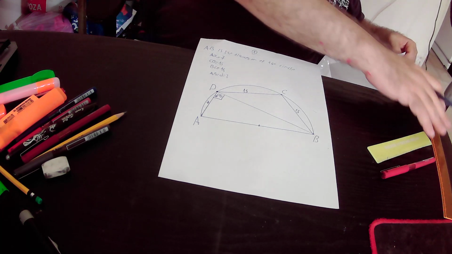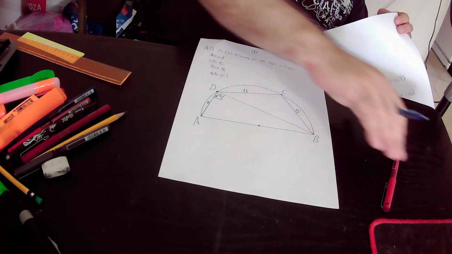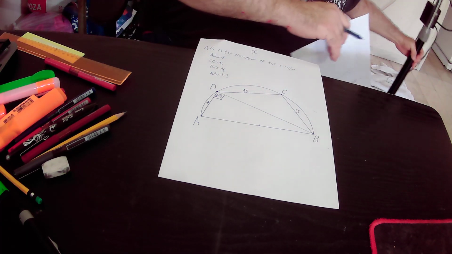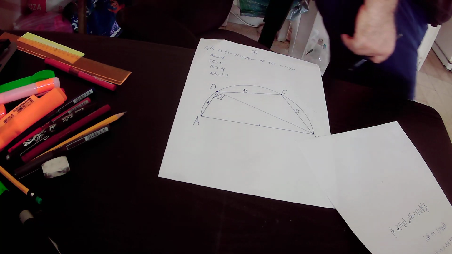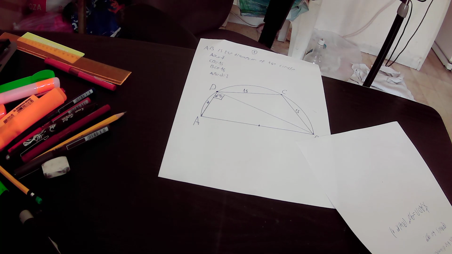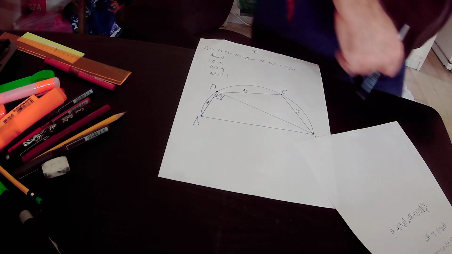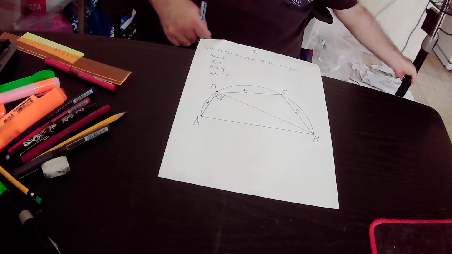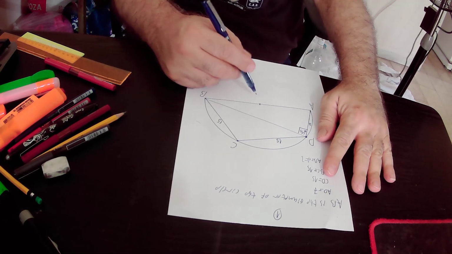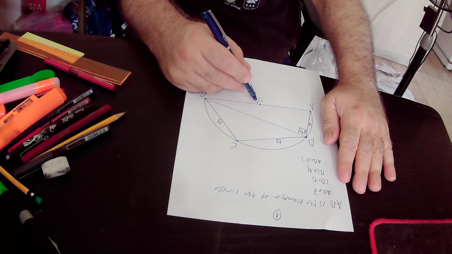In the next step, we will define the center of the semicircle as point O. This is point O, the center of this semicircle.